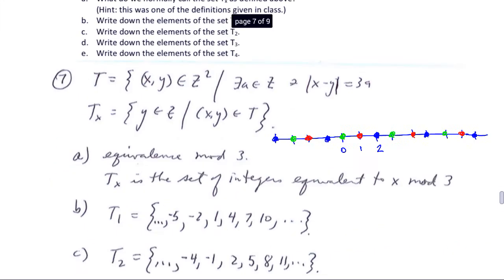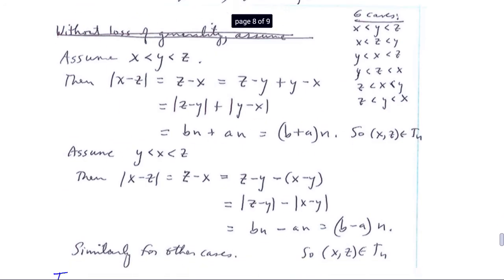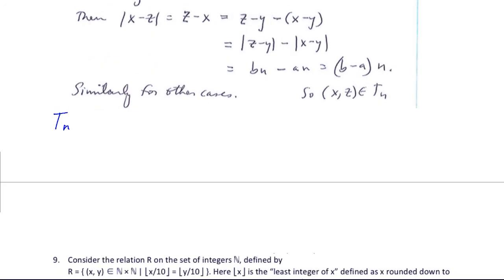So what I'll do here is say Tn,k is the equivalence class of k in the relation Tn.